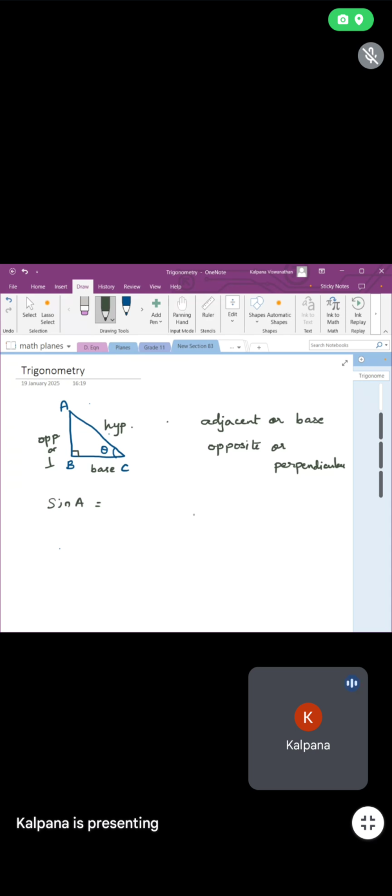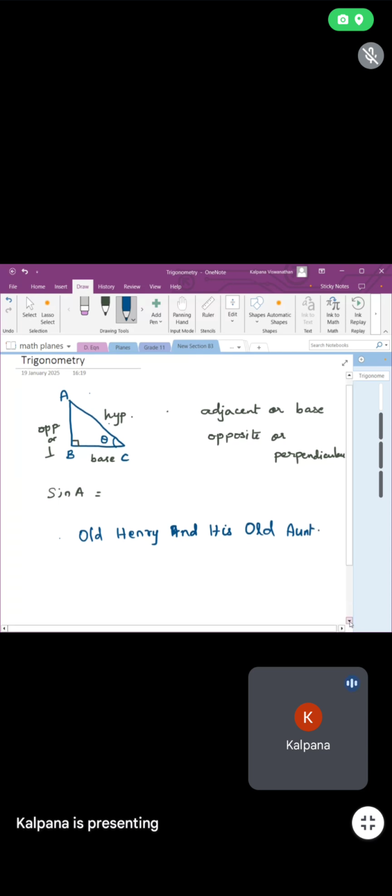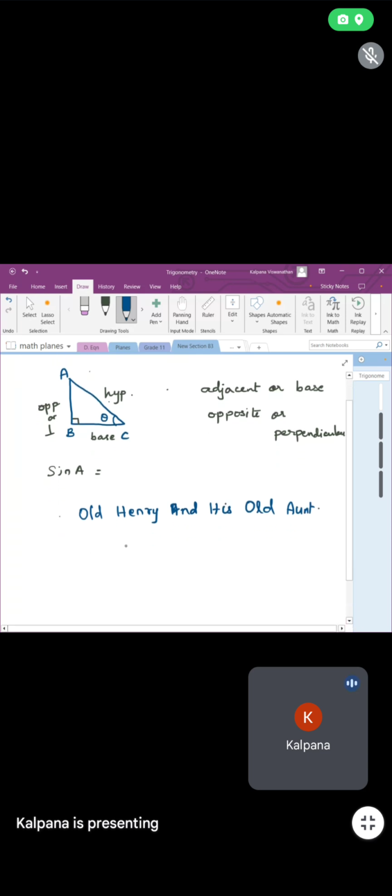Did your teachers teach you that? If you don't know the ratio, you can remember it as Old Henry and his old aunt. You can create any statement like this.